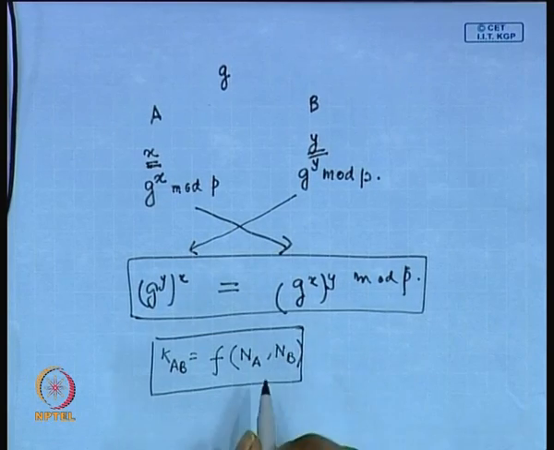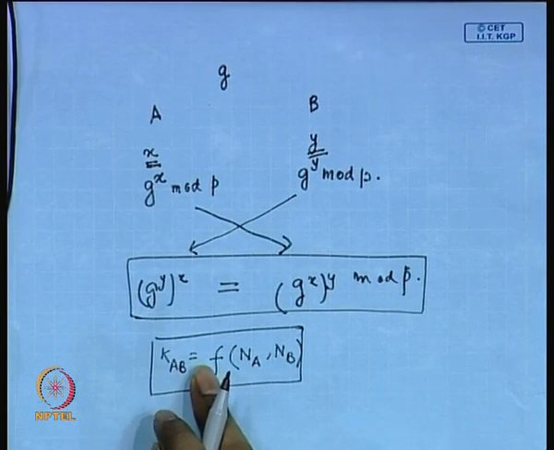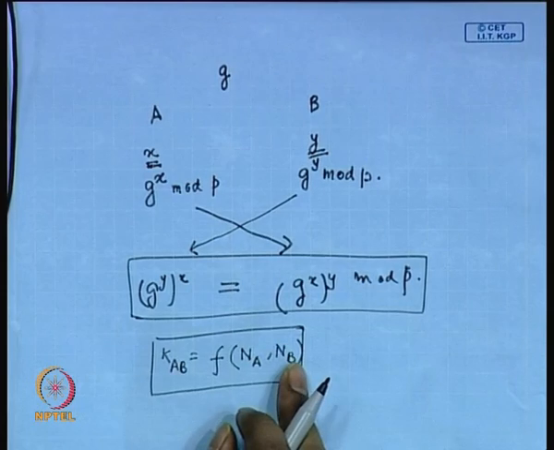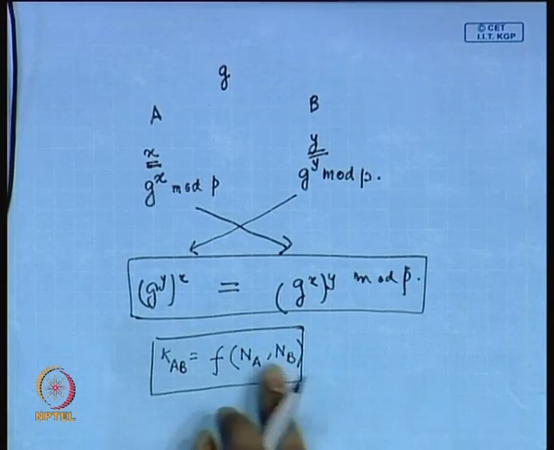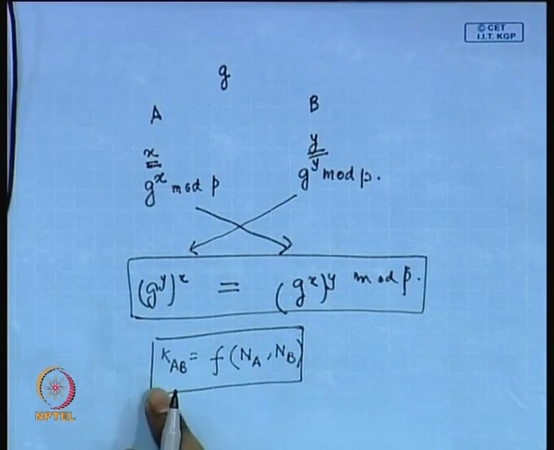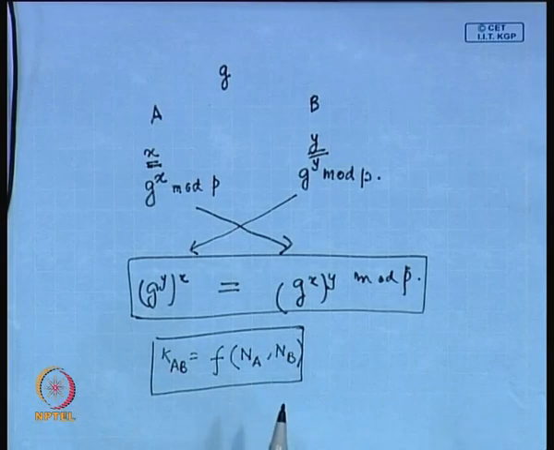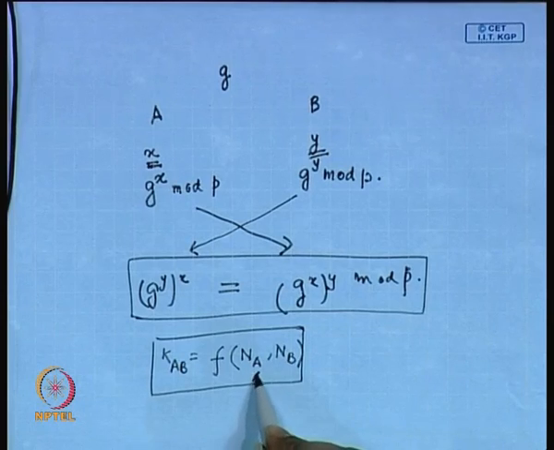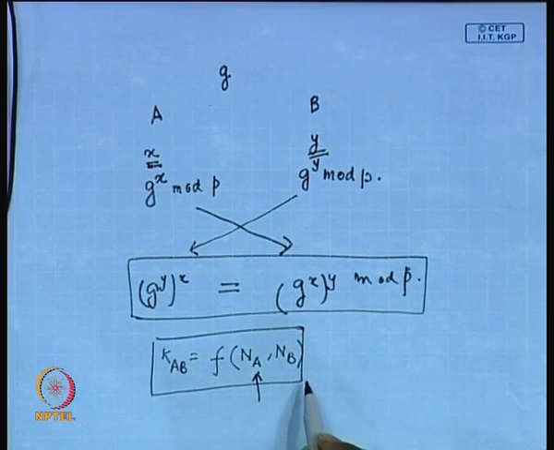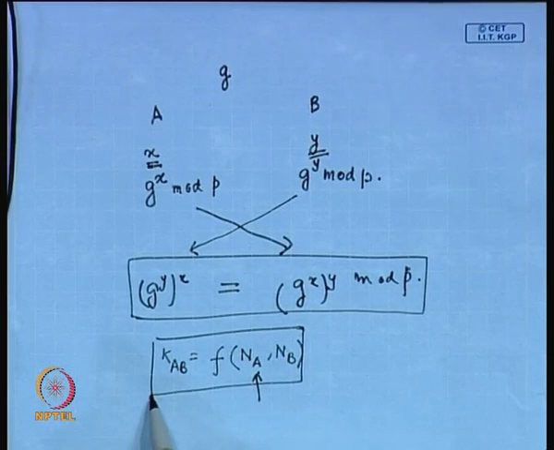This function has to ensure that it is not skewed towards NA or towards NB. Both should have an equal contribution to the value of KAB, because in a case of cryptanalysis, I have knowledge of NA along with some public information, and I ask whether I can obtain the value of KAB.